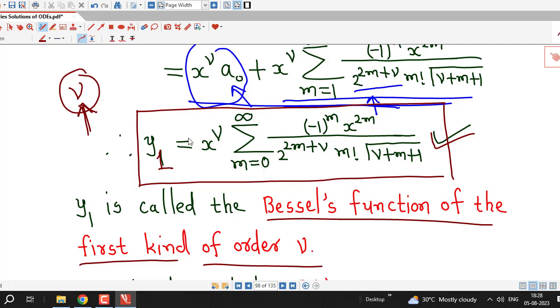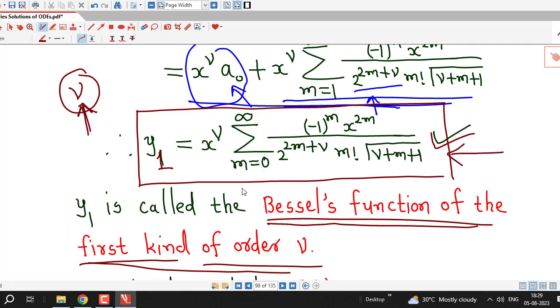Remember, this y1 equal to x raised to nu sigma m equal to 0 to infinity minus 1 raised to m x raised to 2m over 2 raised to 2m plus nu, m factorial gamma nu plus m plus 1 is known as Bessel's function of the first kind of order nu. You have to remember this definition of Bessel's function.